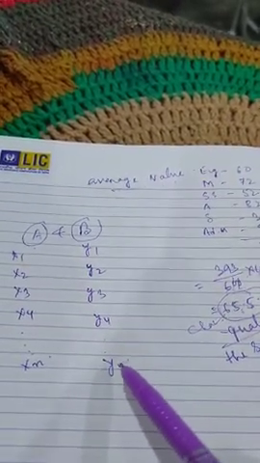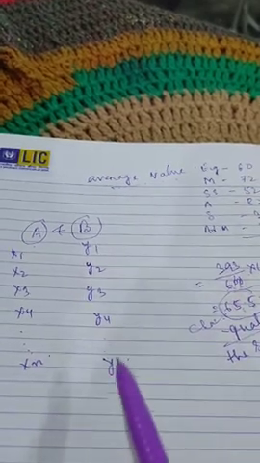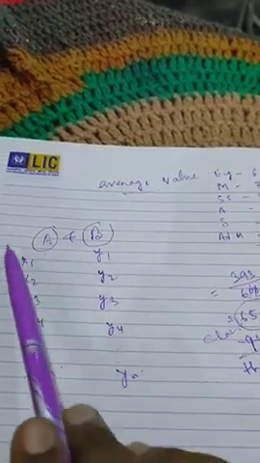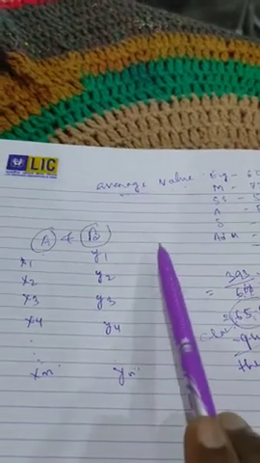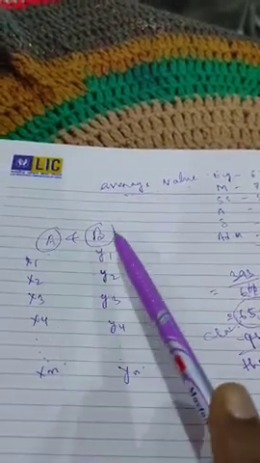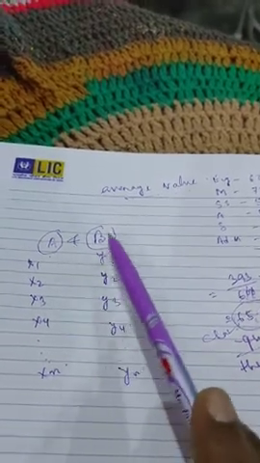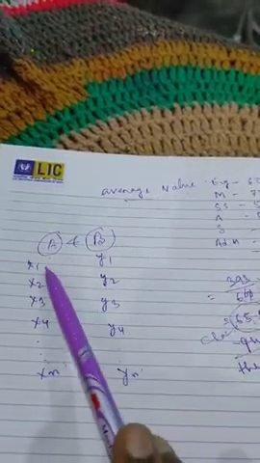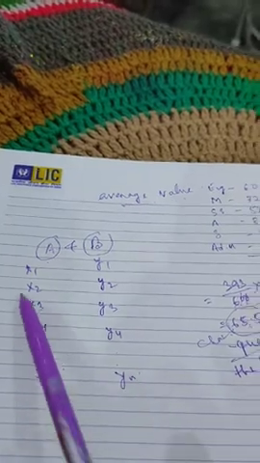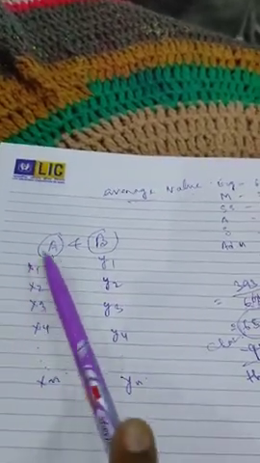Likewise, here also n has no definite number. So if we are to compare the wages of factories A and B, then what do we have to do? We have to calculate the average salary or wages.